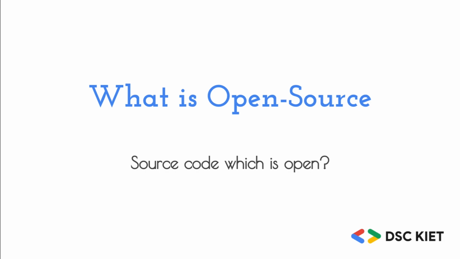You can go and check the source code and see how the software is working, but you cannot use it for your own purpose or for commercial purpose. But in the case of free and open source software, FOSS, you can use it for commercial as well as personal purpose, right? So there is a thing called license.